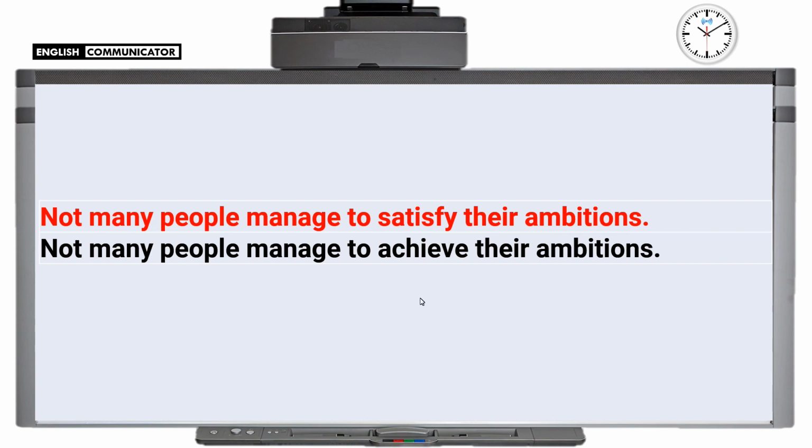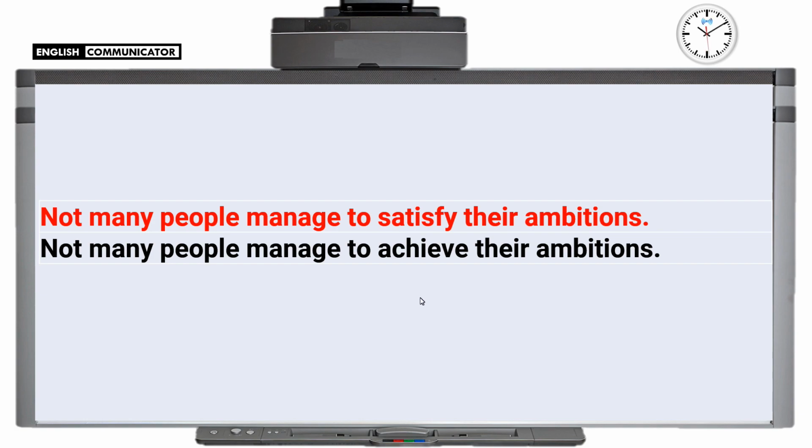Not many people manage to satisfy their ambitions. Wrong. Why? Look at the difference. Not many people manage to satisfy, no, to achieve. You cannot satisfy your ambition, you have to achieve your ambitions. You have to achieve your goals.